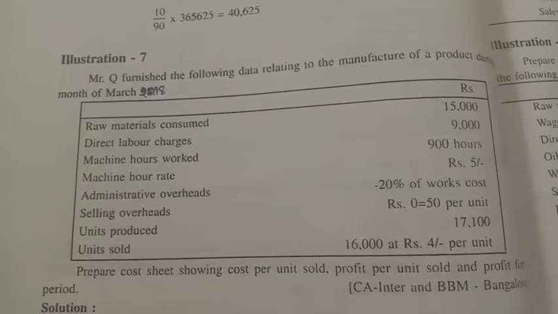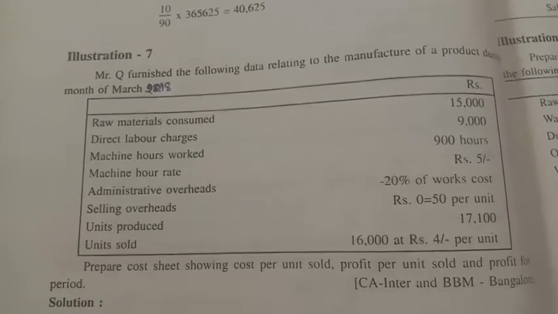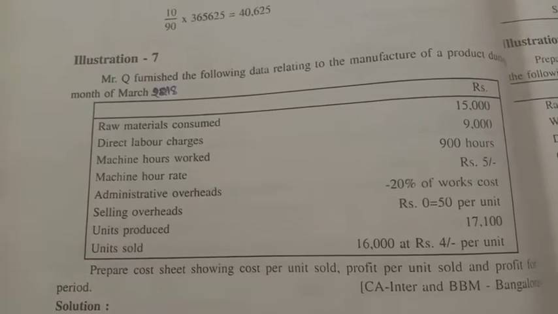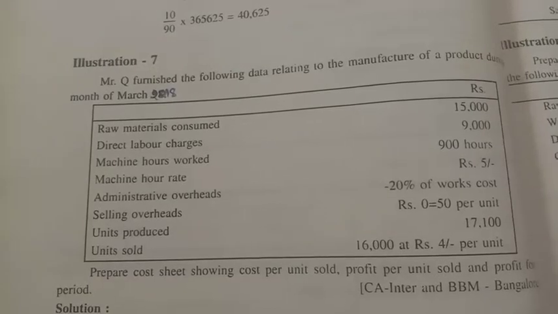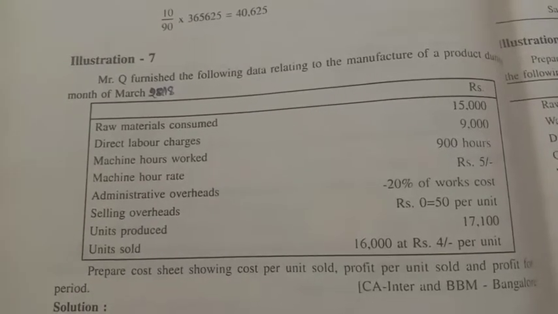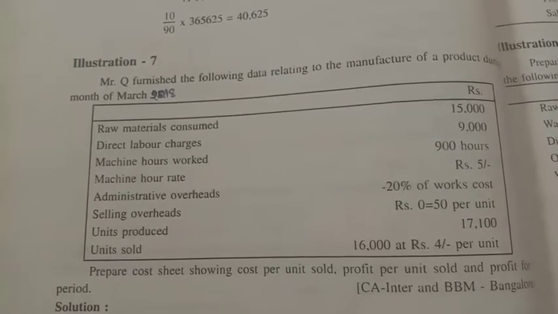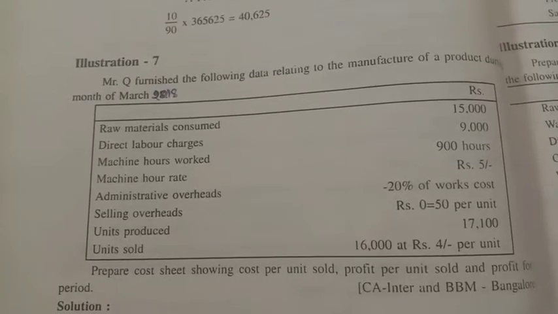In factory. It is a factory overhead. But it is given in hours, how many hours it worked? 900 hours. But the next line says machine hour rate 5 rupees per hour. So to get the machine overheads, 900 hours into 5 rupees.